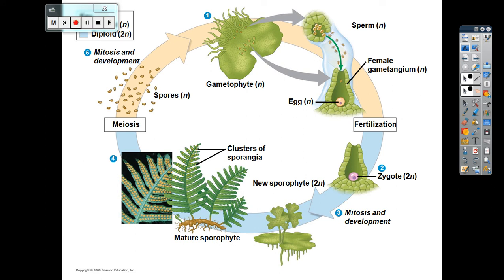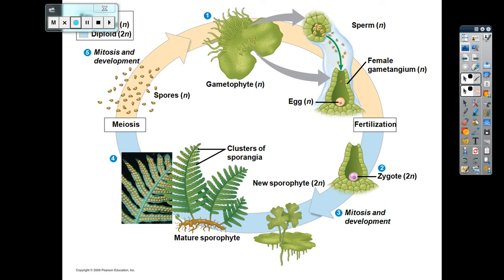And then those gametophyte portions, notice they're both male and female on the same plant portion here. They're going to go through mitosis and produce the gametes. Again, the sperm need to be able to find the egg, so they're going to need water in order to do that. So again, ferns will not grow in a real hot, dry environment.